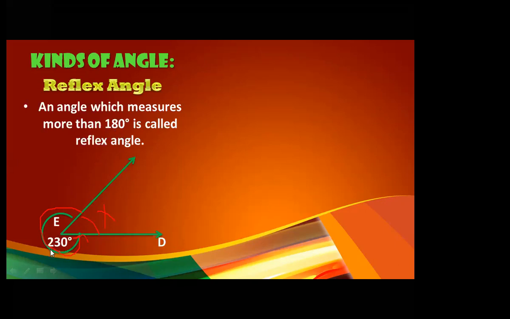As you know, 230 is greater than 180 degrees, so obviously it will be a reflex angle. These are the points F, E and D. So this is the reflex angle.